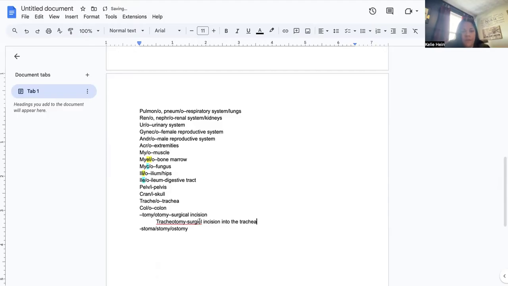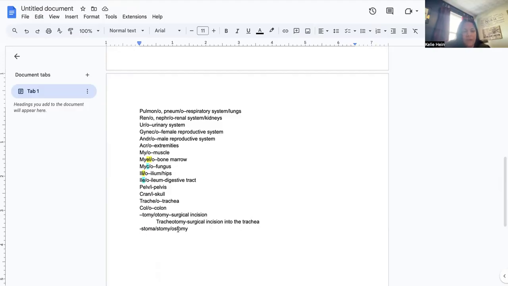Okay. You see how those put together? Lock your puzzle pieces together, guys. Okay. Put those puzzle pieces together. Put your flashcards together. Trachea. Okay. Tomy or otomy, surgical incision. Tracheotomy, surgical incision into the trachea. Okay.